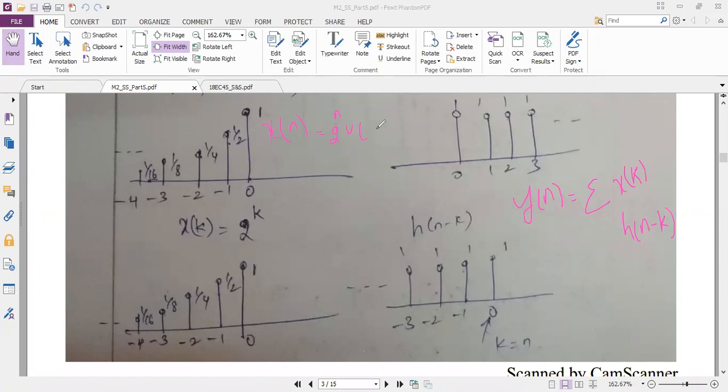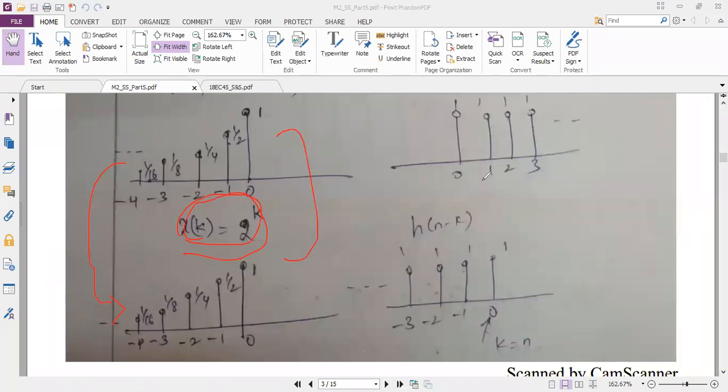But as per the formula, I have to change it to k form. So I'm just replacing n with k. So if I replace n with k, I will get x of k is equal to 2 power k. Already the samples are drawn, so we are just copying it. Only the variable we are changing, and here this will not change.